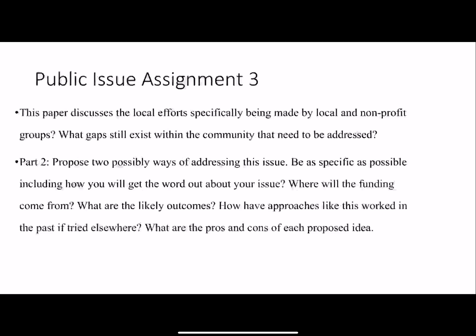And then you move on to discussing 2 unique ways that you think the public issue could be addressed. So, for example, maybe you feel like a law needs to be passed that changes some sort of approach to how this public issue is managed.